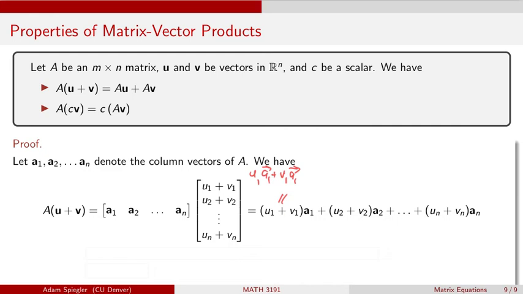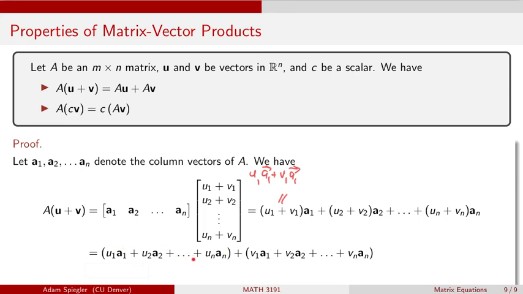And we can do this for every single term in our sum, and then we can regroup all of these terms. I'm going to group all of the terms that have a u of some sort in it. So I've got u1 a1, u2 a2 from this term, and so on. And then we group all of the terms that have some v in them. So from this term, we have v1 a1, v2 a2, and so on.